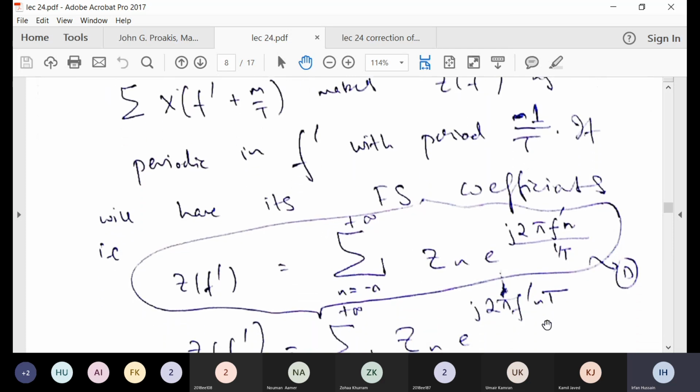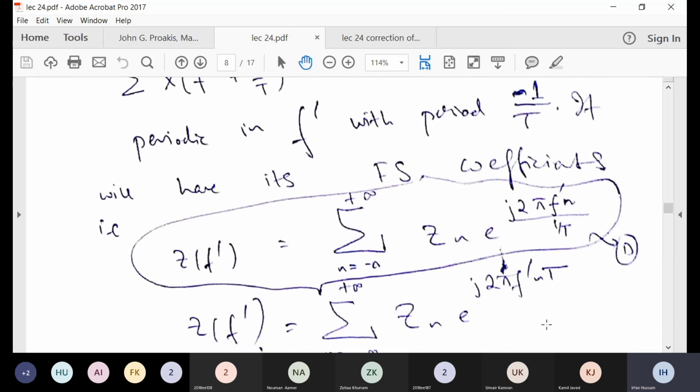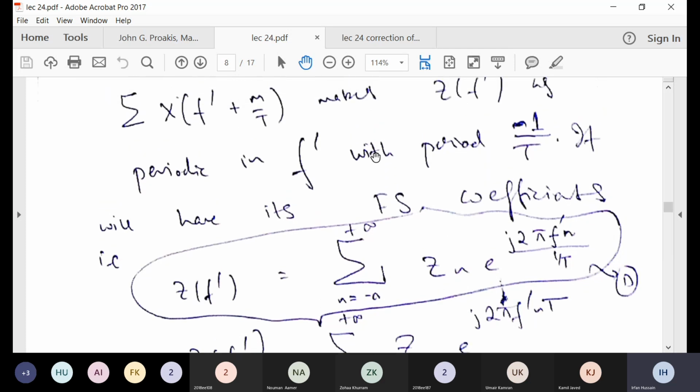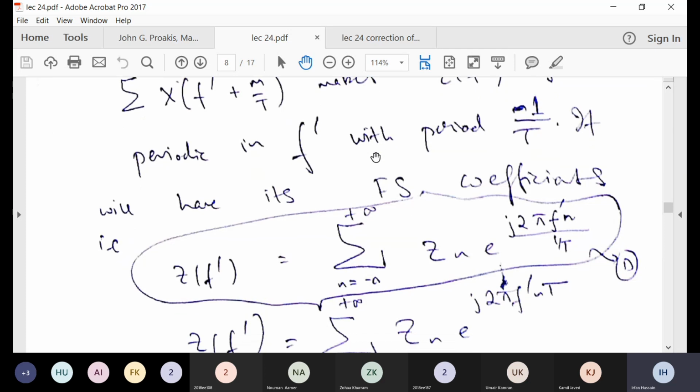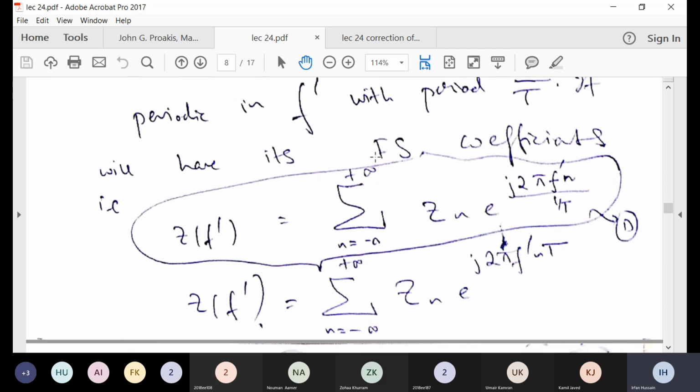So we can write this as follows. There are Fourier series coefficients, and we know how to write the Fourier series of a periodic signal.